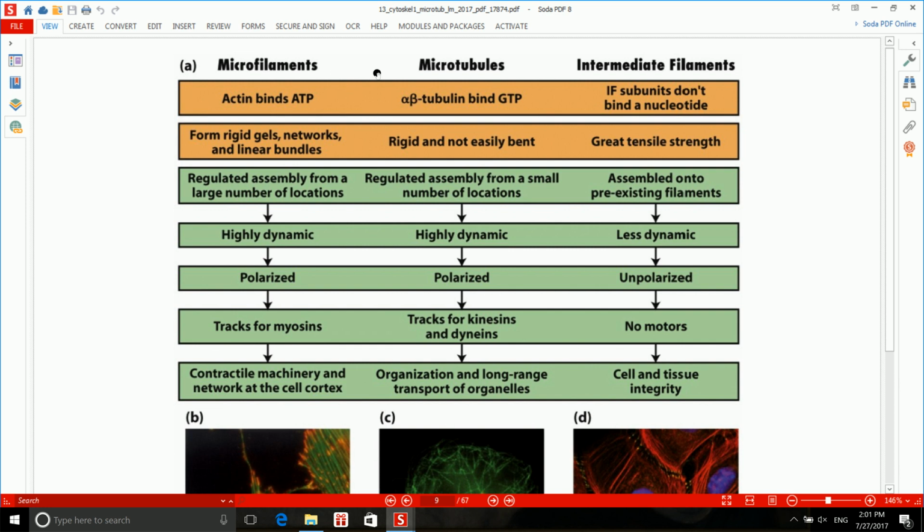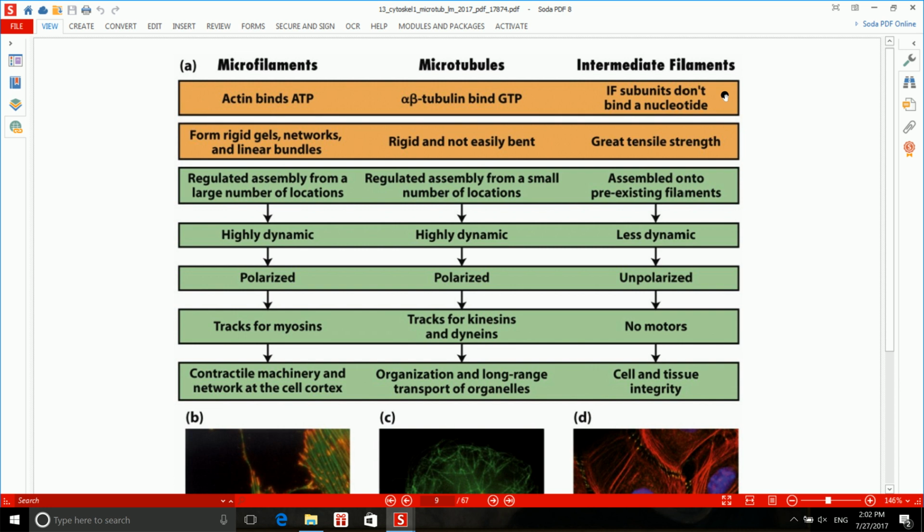In order for those motor proteins to drive on these filaments, the binding of ATP is necessary for microfilaments, and binding of GTP is necessary for microtubules. But intermediate filaments do not bind to nucleotides, and that is mainly due to the fact that there are no motor proteins for intermediate filaments.